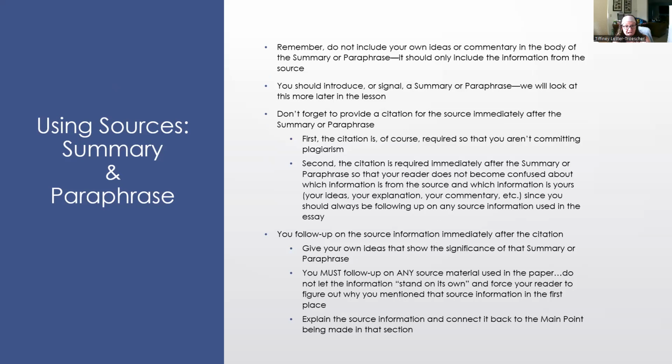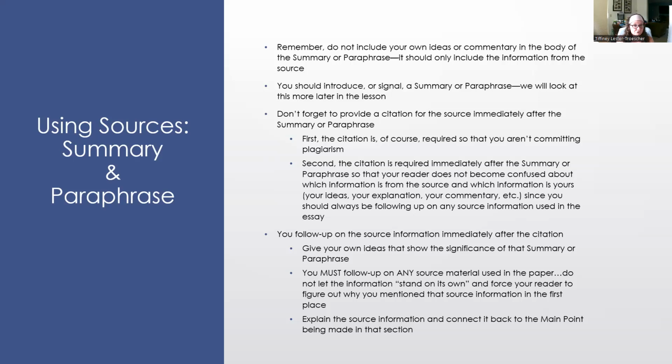You're going to provide a citation for that source immediately after the summary or paraphrase, not later in the paragraph. As soon as you get finished typing those sentences, that is the summary or the paraphrase, the information from the source, boom, parentheses with your citation, right?